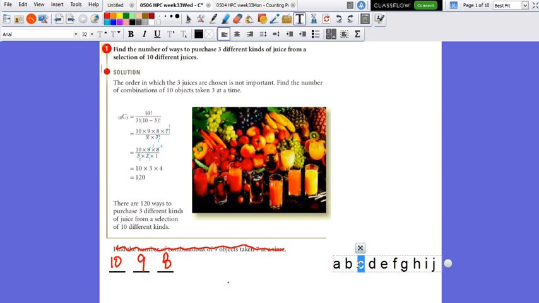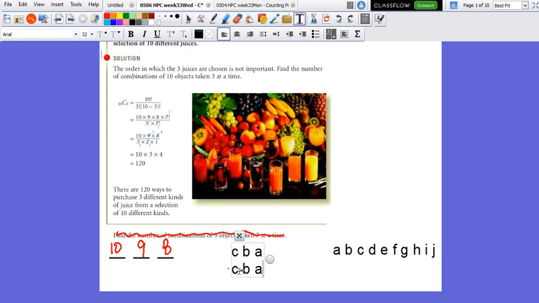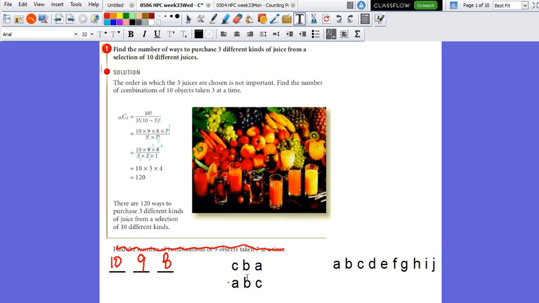For example, it doesn't matter if you switch up the C and the A, or let's say we chose C, B, A. In yesterday's example, it would make a difference how you arranged it; these would be two unique arrangements. But for today, when we're doing combinations, these would not be two unique arrangements. This would just be one arrangement, because order does not matter.